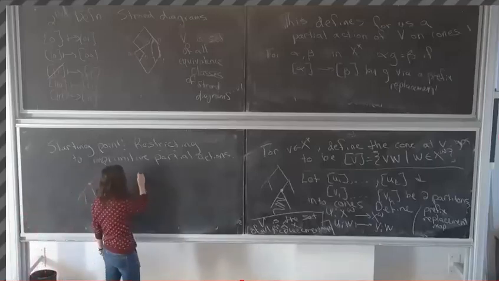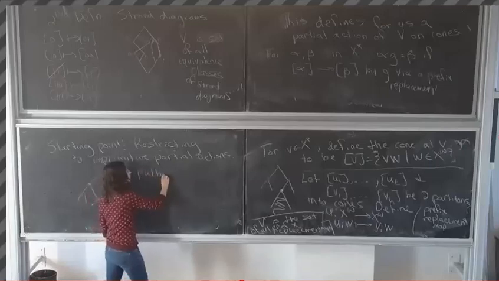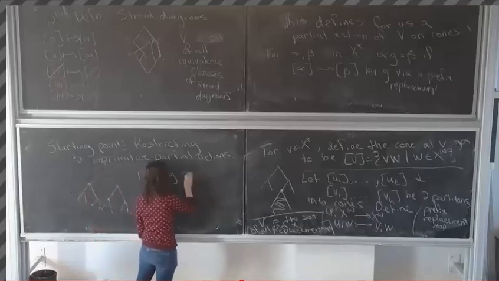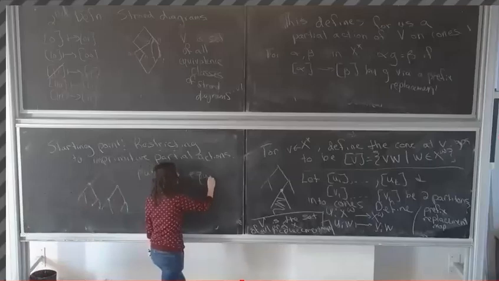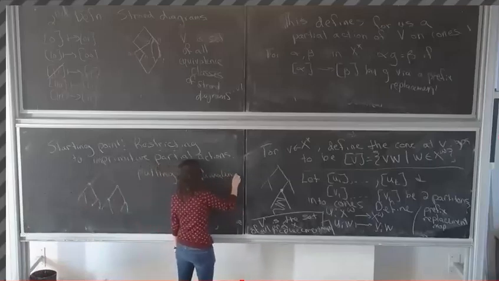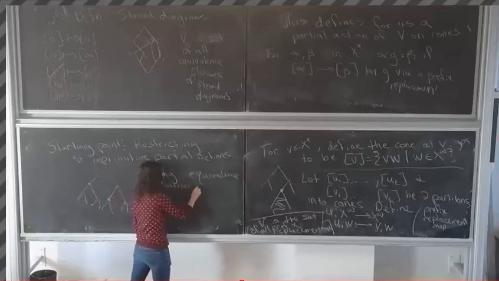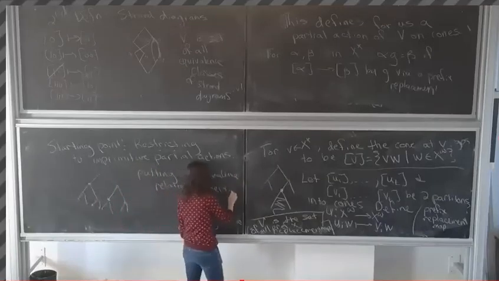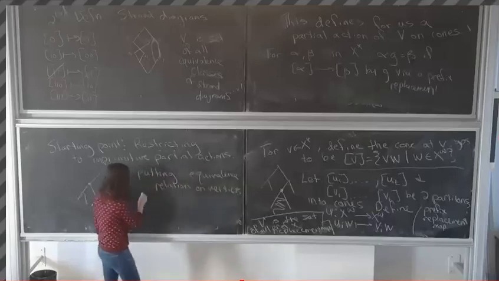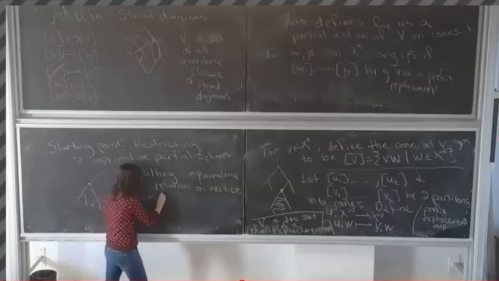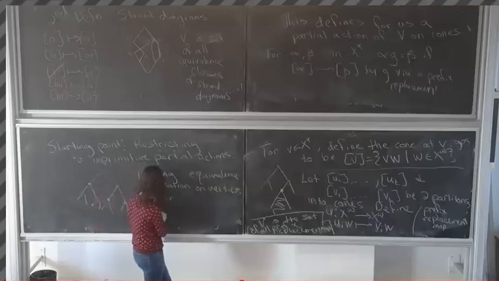So essentially what we're doing here is putting an equivalence relation on vertices, and we can consider elements which preserve this equivalence relation.